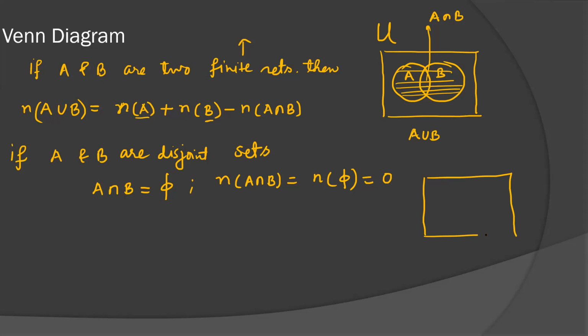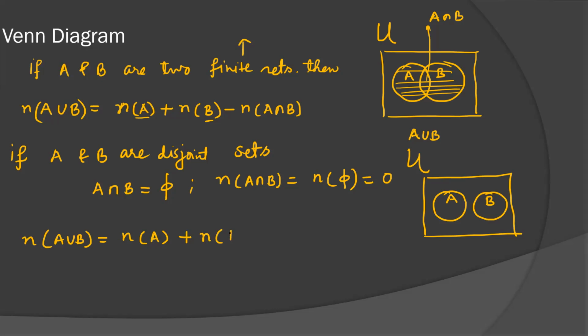In this case, if you want to make the Venn diagram, this is your universal set, and A and B will be disjoint, meaning there will be no common portion. In that case, the above formula will look like: number of elements in A union B equals number of elements in A plus number of elements in B, because this term in this case is going to be 0.